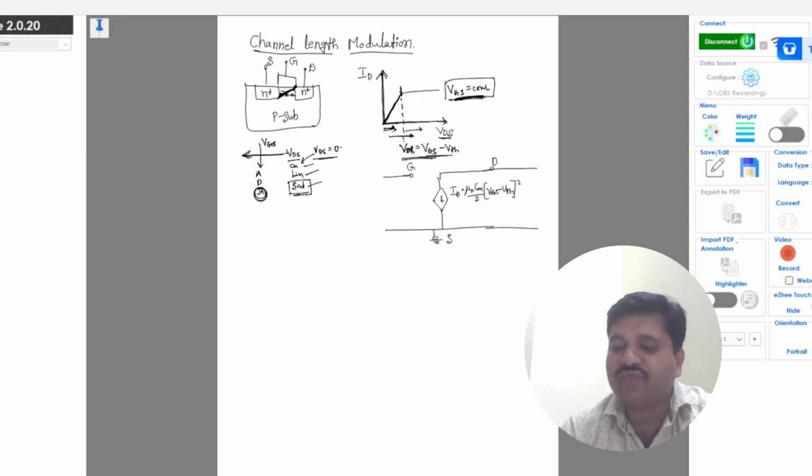If you increase it further, that means if VDS becomes greater than VGS minus VTH, then the channel will change its dimension. Now the effective channel is entirely different. Initially the channel length was L. Now it has been modified to this, and this modified channel is L minus delta L.